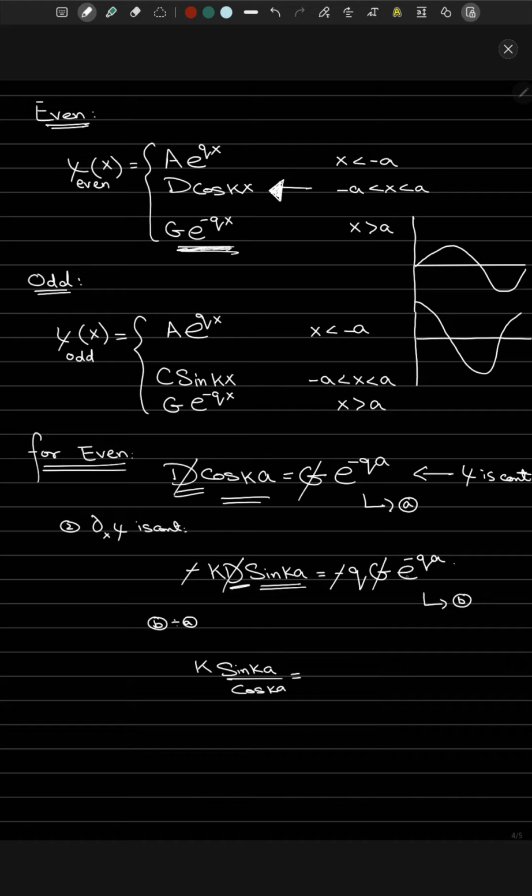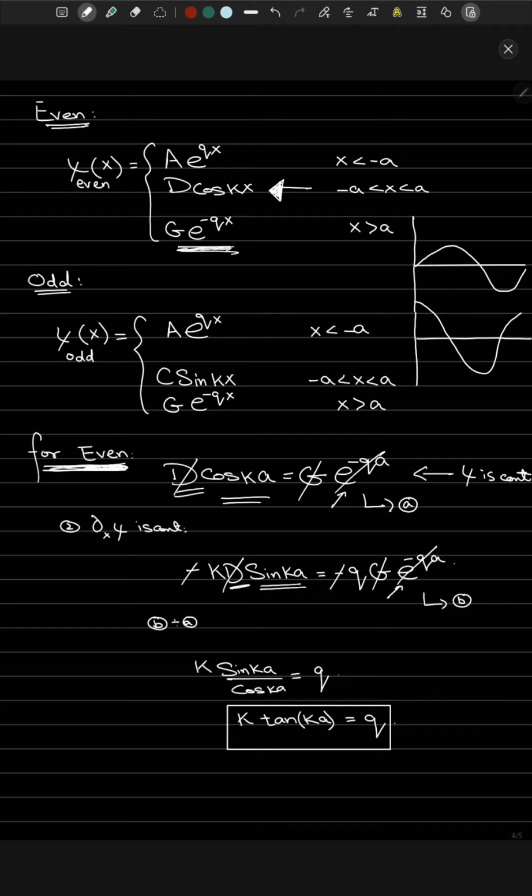And the exponential factors are also the same, so they would also go away, and you'd be left with q on this side. But we know that sine ka over cos ka is tangent ka, and on the right side you have q. So this over here is one of the equations that you got when you were considering the even part of the wave function.